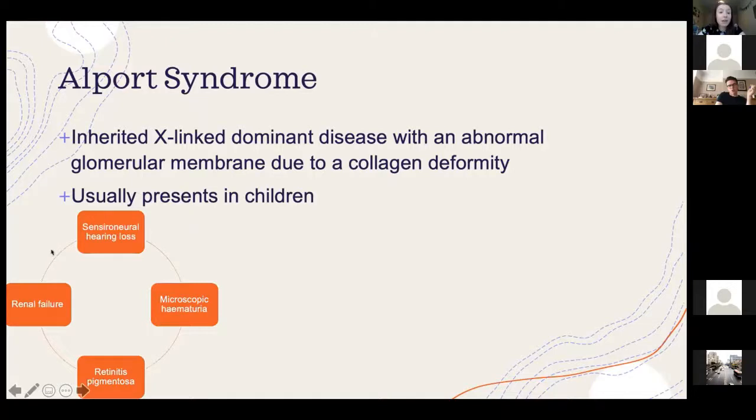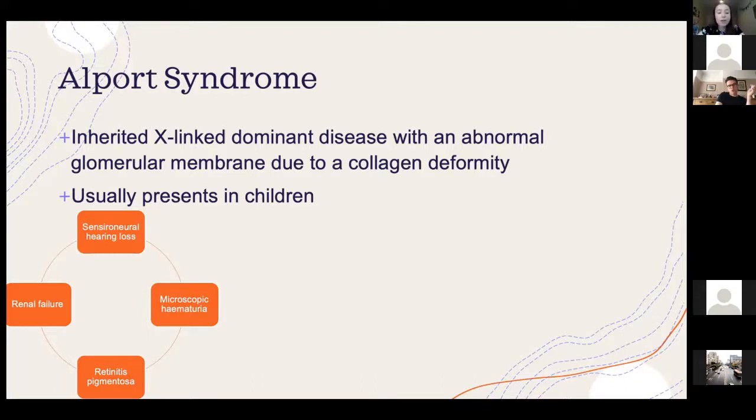The main clinical features are sensorineural hearing loss, renal failure at quite a young age, and when you dip the urine, they tend to have microscopic hematuria, so that's non-visible, but when you dip it, you get blood.